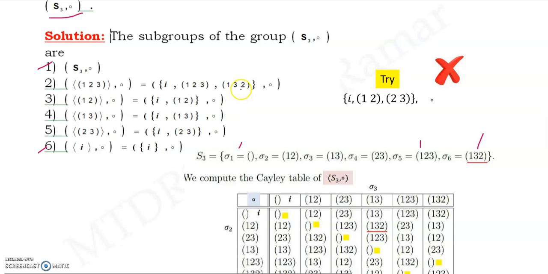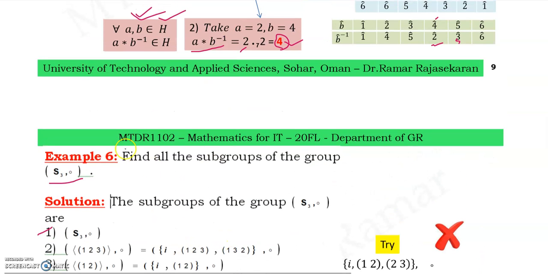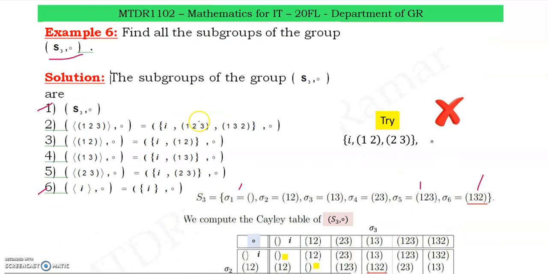That is also here, which means you check this property for this subset. You take any two elements, then A star B inverse is again inside this set, which means this is a subgroup, clearly, no doubt.